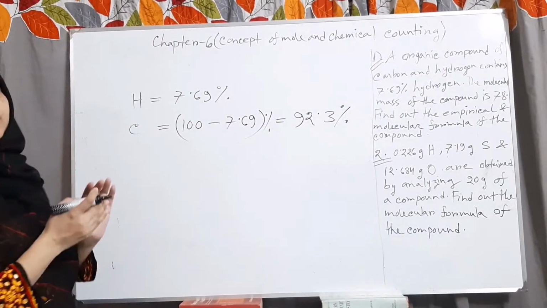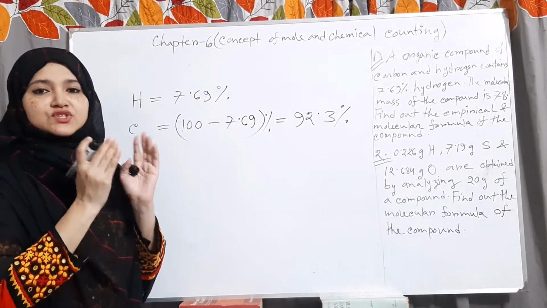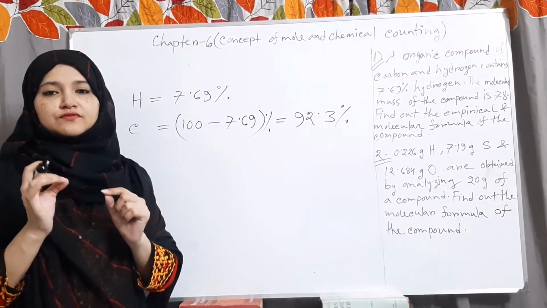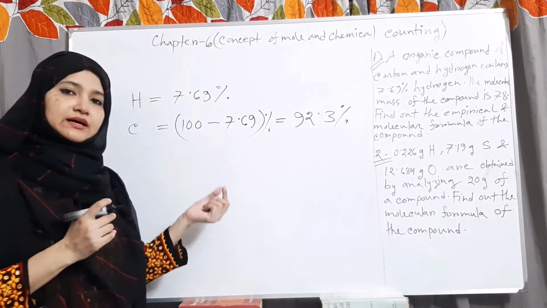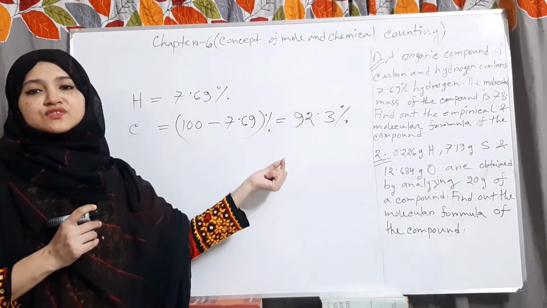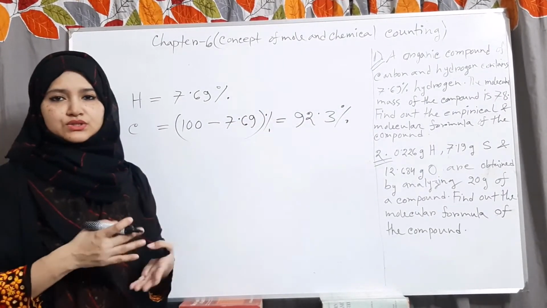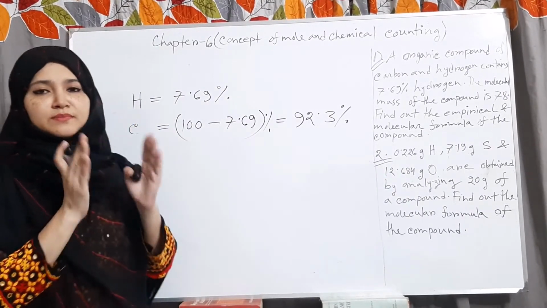Now we have to find out the mass of one carbon atom and the mass of one hydrogen atom, which we already know as atomic mass.